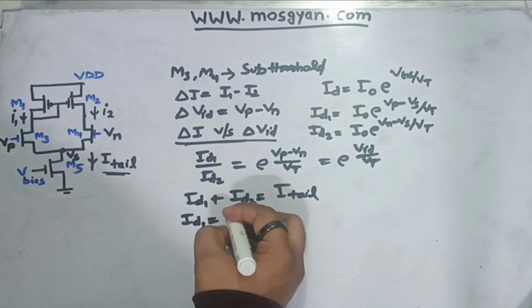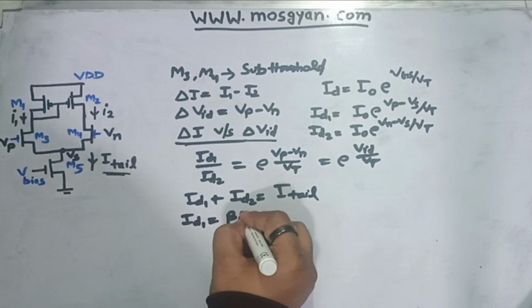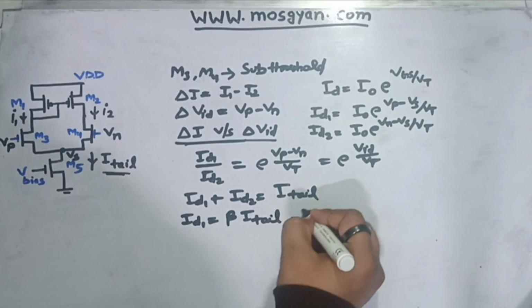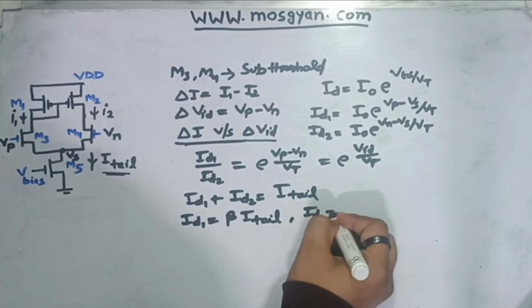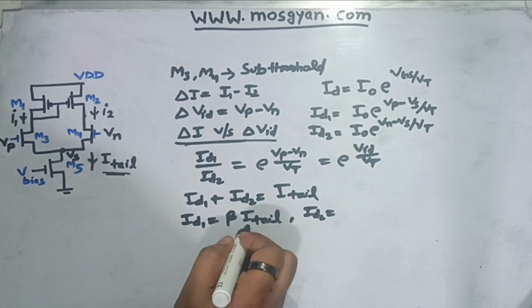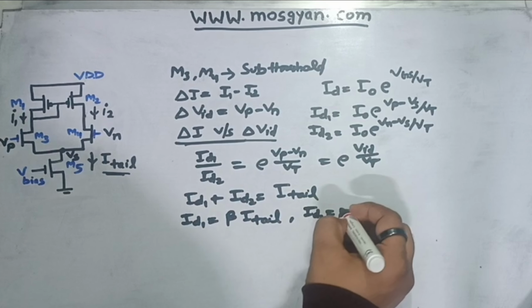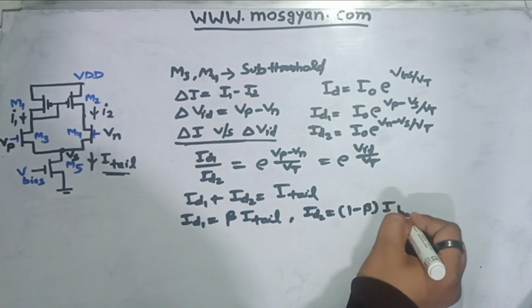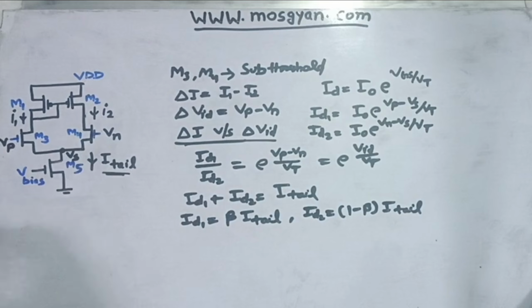So let's assume ID1 is beta times of ITAIL. If we are considering this is the value of ID1, then we can definitely write ID2 will be equal to ITAIL minus ID1, which we are assuming beta times ITAIL. So ID2 would be equal to 1 minus beta times ITAIL. Right, this is what we can write for ID1 and ID2.